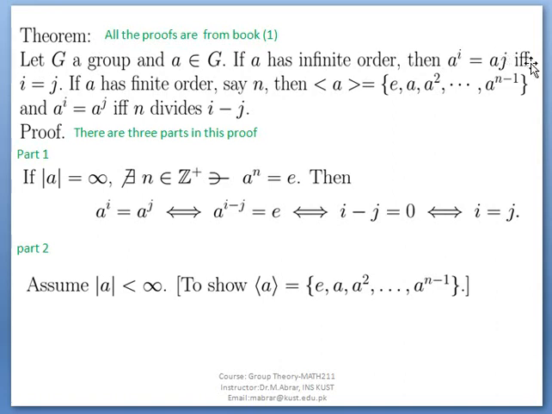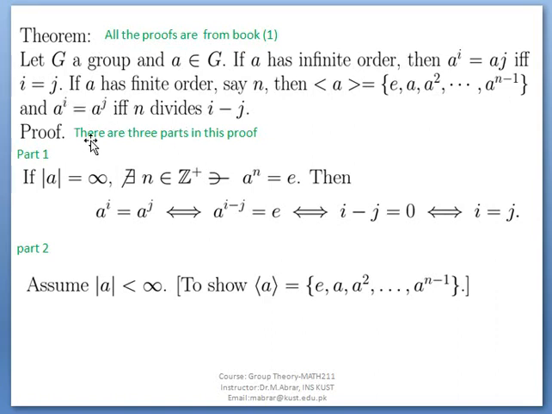So if and only if i is equal to j. And if a has finite order, say n, then the group generated by a is actually e, the neutral element, then a, then a squared, up to a^(n-1), and a^i equals a^j if and only if n divides i minus j, that is the difference of these two indices.